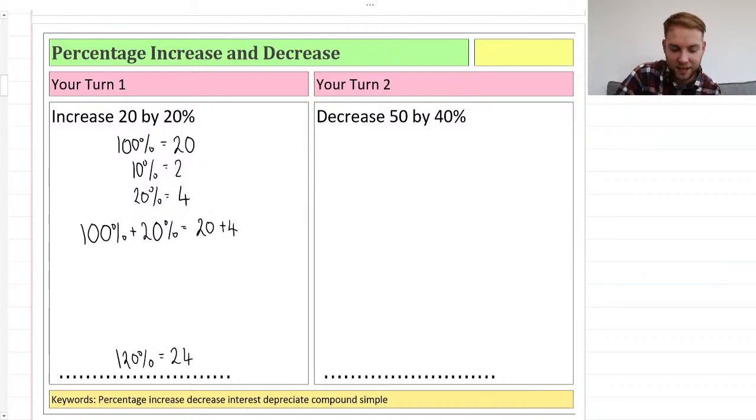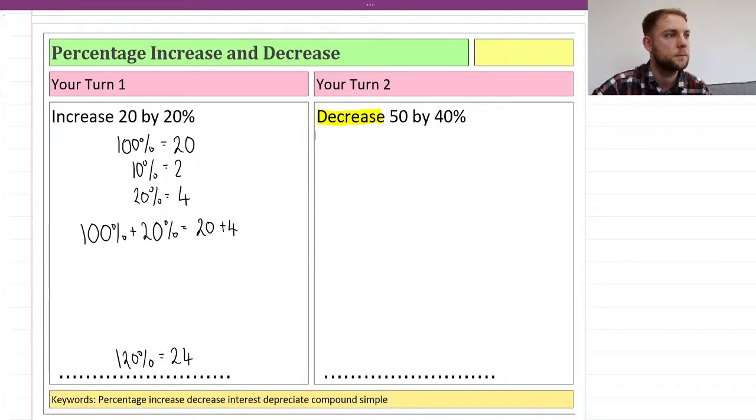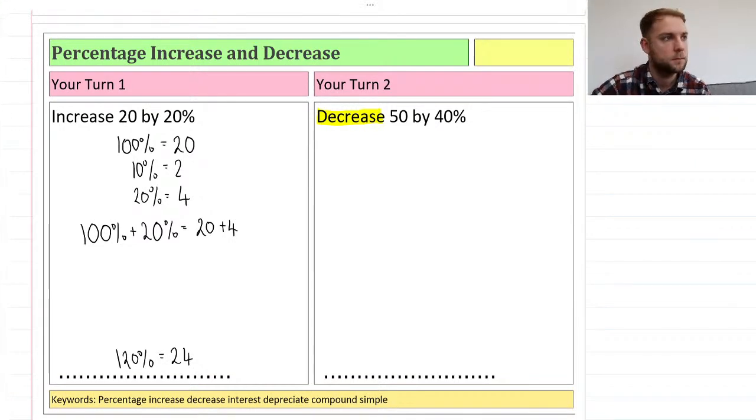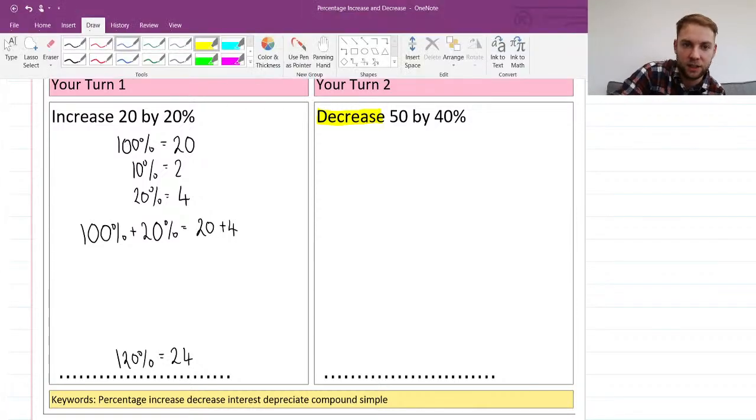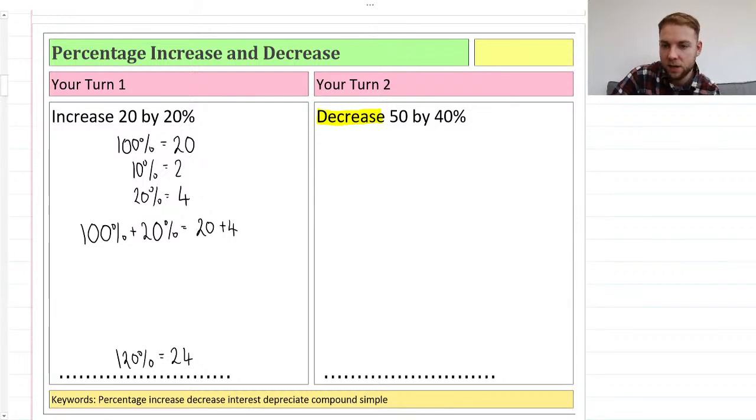This one over here, now be careful. A lot of people made a mistake with this one because they increased instead of decreased. Okay, so just make sure that you know when you're increasing and decreasing. Make sure you're reading the question carefully. So the starting point here is that 100% is equal to 50. So 10% is equal to 5.